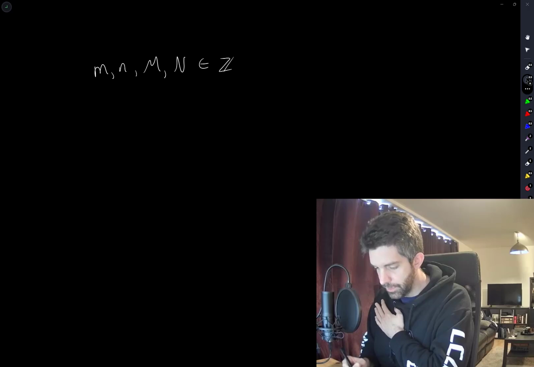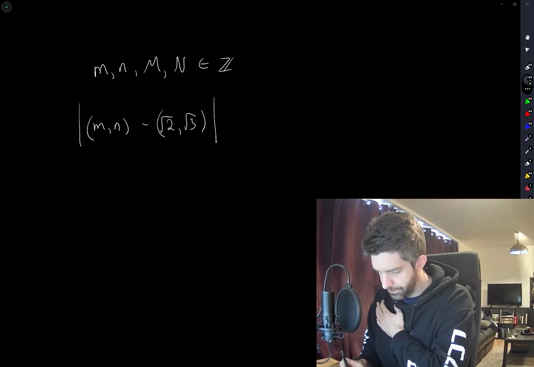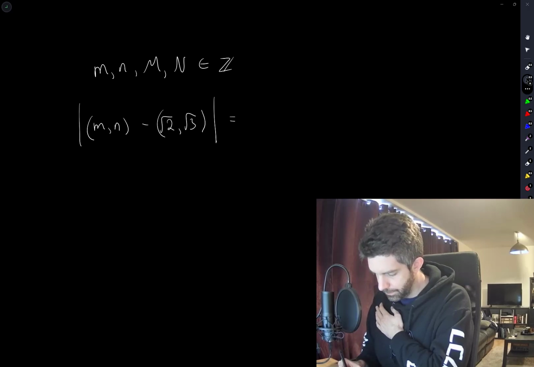So we're given that these are integers, and we're told that the distance from (m, n) to this point (root 2, root 3) is equal to the distance from the corresponding capital letter point.